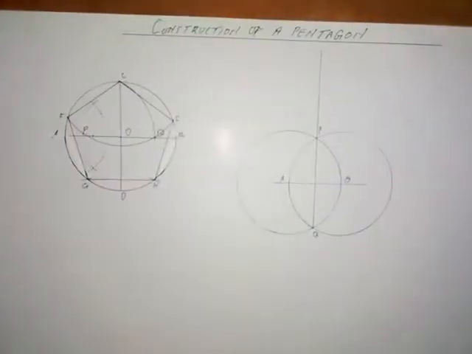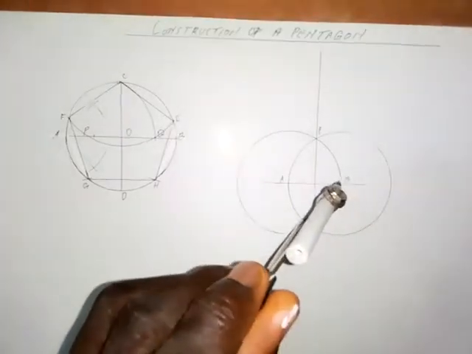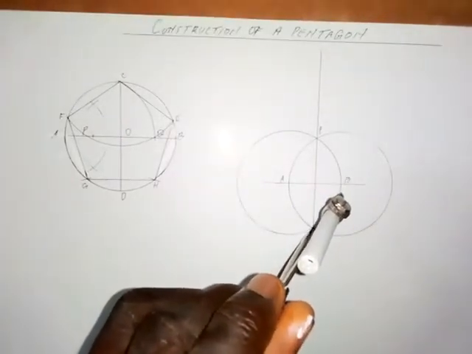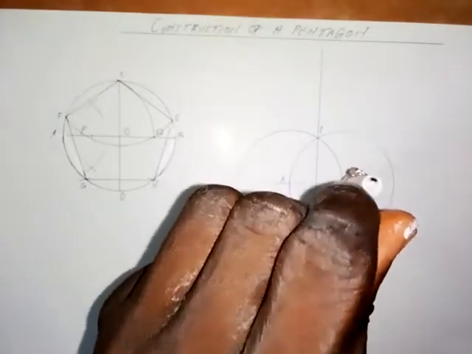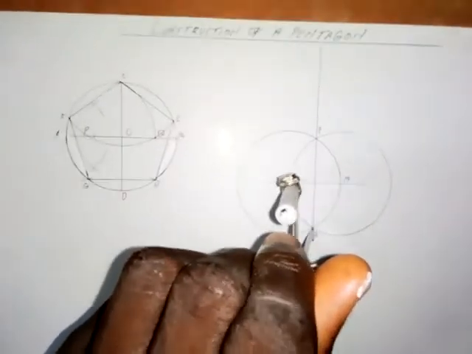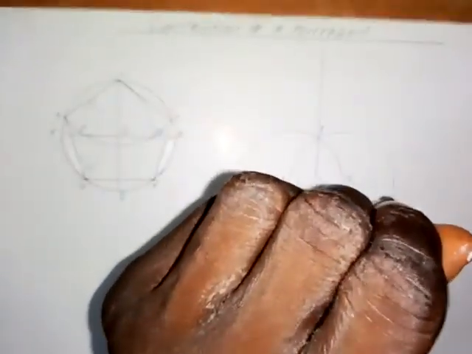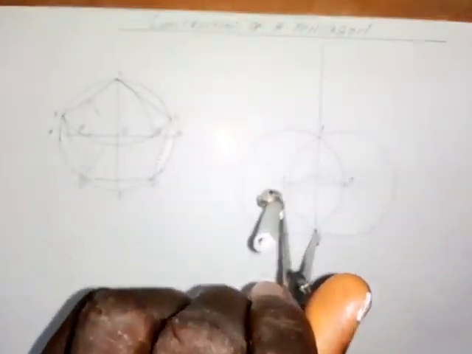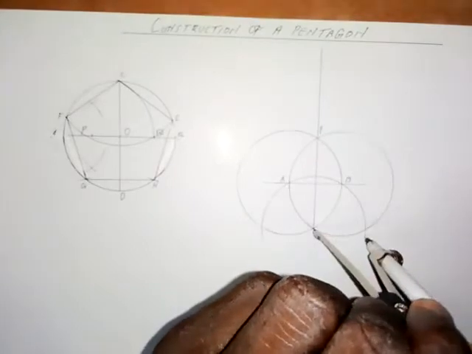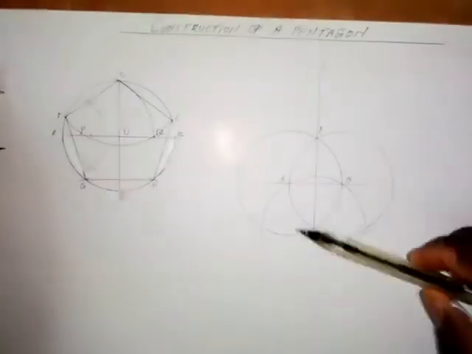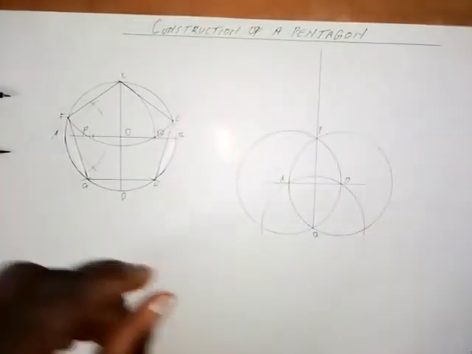Okay, so after doing this, you take your compass with that same 30 mm and put it at point Q. It touches B at this point and it touches A at this point. Then draw an arc, so the arc goes like this. This arc meets the circle at these points.